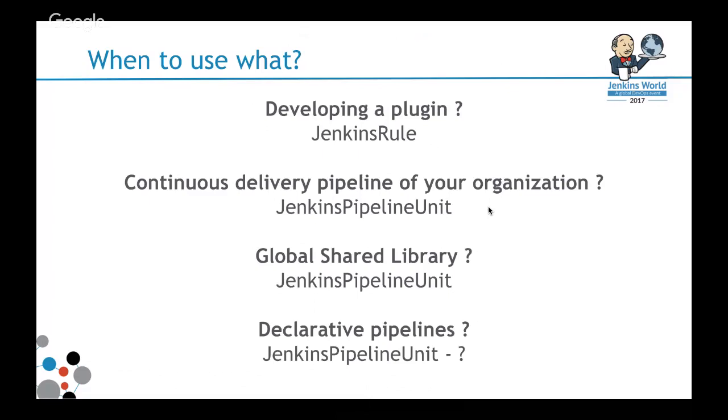But if you're developing a Jenkins pipeline for your organization, you can use the pipeline unit framework. If you're developing a global shared library, which lots of people do, you can use pipeline unit also. And for declarative pipelines, there's support, but if you are doing declarative pipelines, maybe there's nothing to test. But it is supported by the framework.